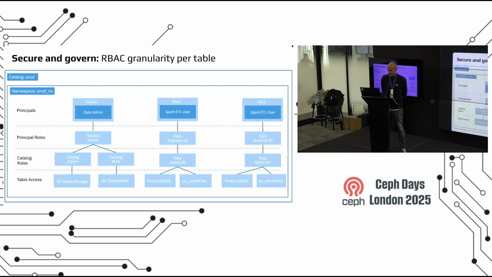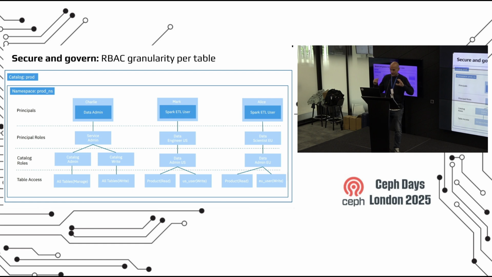So the idea here is that in a single catalog that is going to be production, we have a namespace that is prod NS for prod namespace, and then we have a set of principals that are users, and we're going to work with Charlie and Alice as the simple example that we're going to show in the demo.